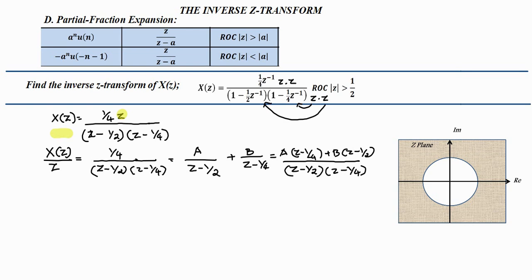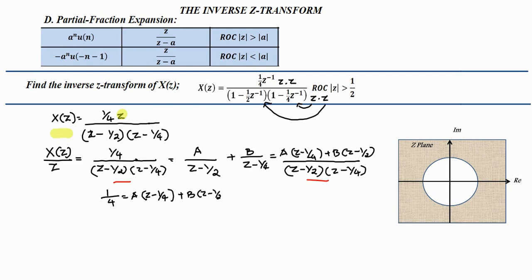You can see that these two expressions are the same. The denominator is the same, so you can equate the numerator part. If you equate the numerator, it becomes 1 by 4 is equal to A into z minus 1 by 4 plus B into z minus 1 by 2.